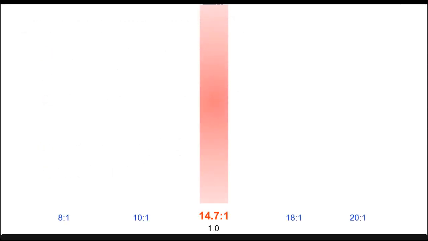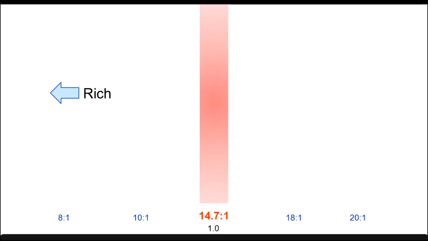Let's look at the relationship between exhaust emissions and air-fuel ratio. Here, the red band represents the stoichiometric ratio of gasoline, 14.7 parts of air to 1 part of fuel by mass. Theoretically, at this ratio, all of the oxygen and all of the hydrocarbons are used in the combustion process.